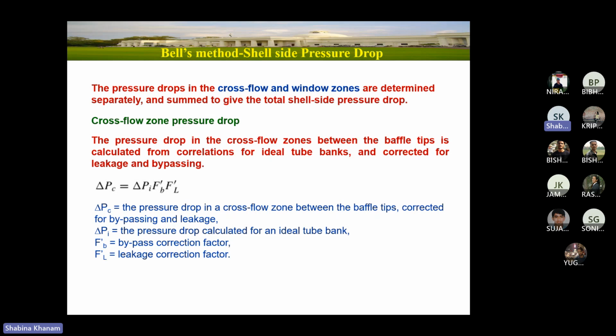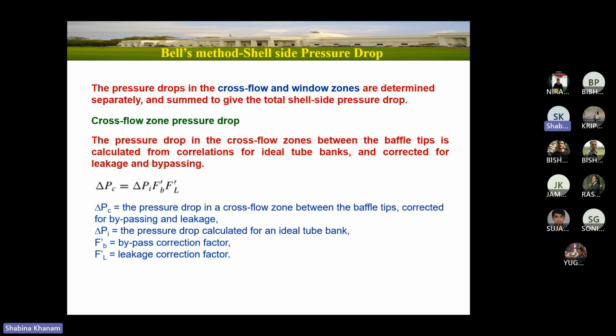So in the cross flow zone, if I consider friction loss, that would be counted for the leakage stream, like the baffle to tube gap and the baffle to shell clearance, the shell gap. So the leakage correction factor we will consider, and next is the bypass correction factor.